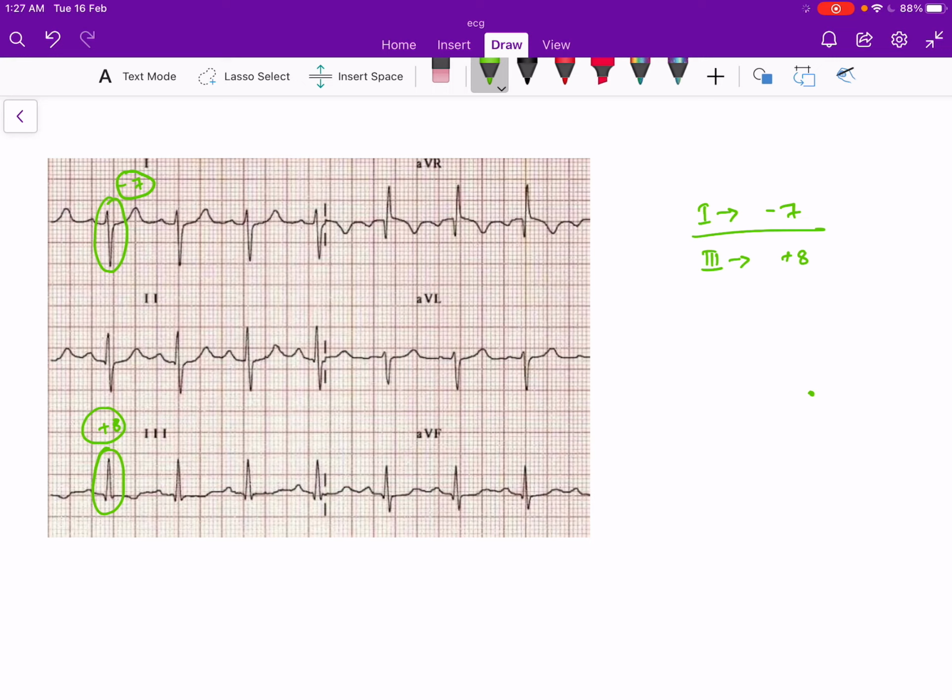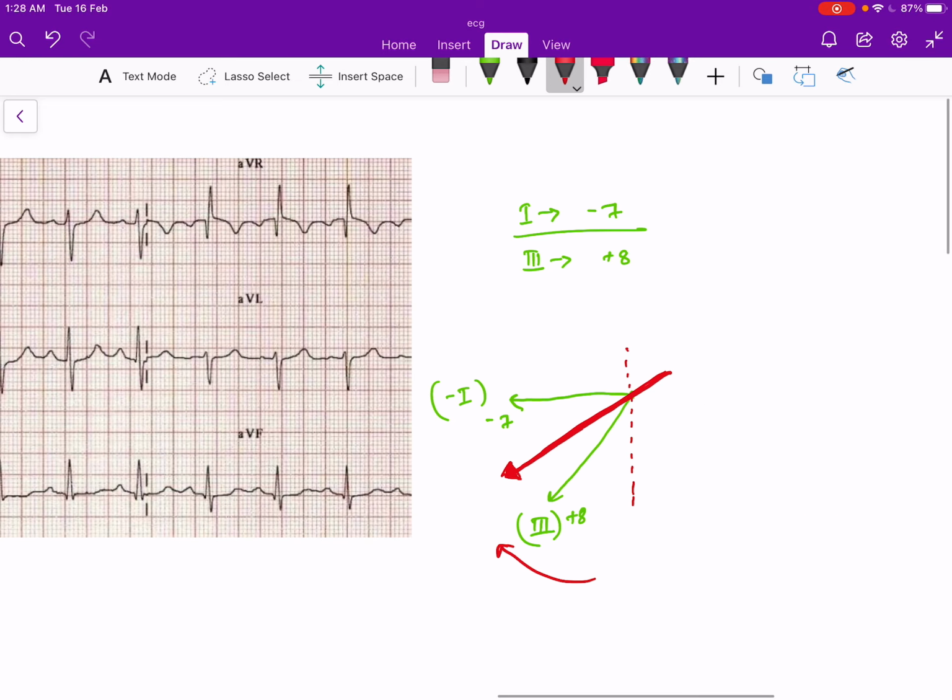So if we extrapolate this, this will be our lead 1, which is minus 7, and this will be our lead 3, which is plus 8. So the axis of the heart will lie somewhere in between these two leads, facing more towards lead 3. The axis of the heart will be in this direction, and we can clearly see it is more positive than 90 degrees. So this is a case of right axis deviation.